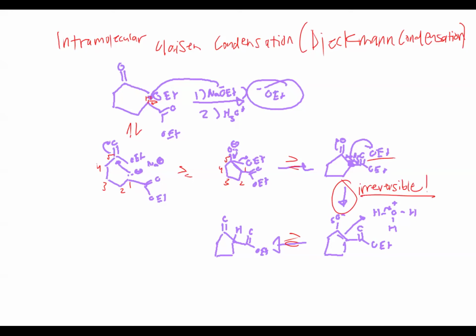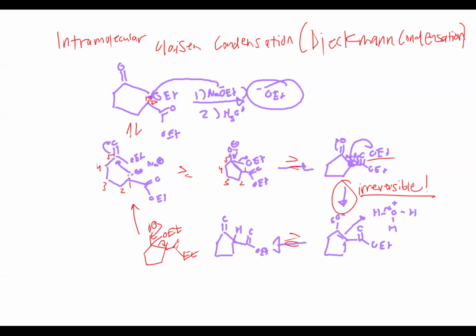Wait, how does it go backwards? Like, does it just happen? I'll start from here and show you how it could go backwards to the original one. We could reform the carbonyl and break this bond, and instead of the OET leaving, it breaks the carbon-carbon bond that just formed and gives it back to this carbon right here.